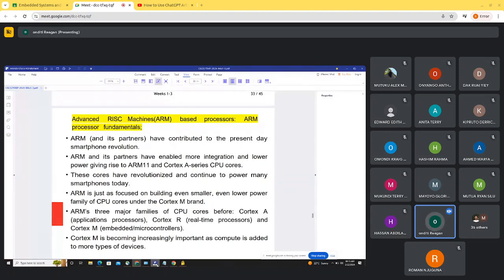The major families of the CPU core are Cortex-A for applications, Cortex-R, which is real-time processors, and Cortex-M, which is embedded and microcontroller chipsets. So there are actually three: the application, the real-time, and the embedded system. You need to understand those three parameters.